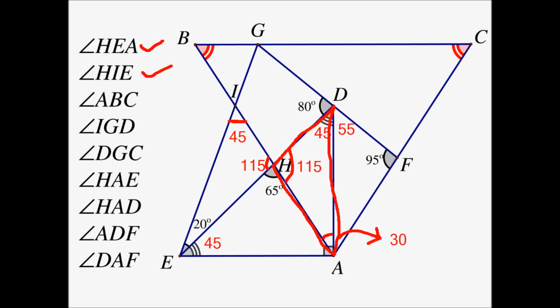From 180, if you subtract 45 and 115, you will get this angle. 45 plus 115 is 160. From 180, if you subtract 160, you're going to get 20, so this has to be 20. Let's put it right here so that we can read it better.